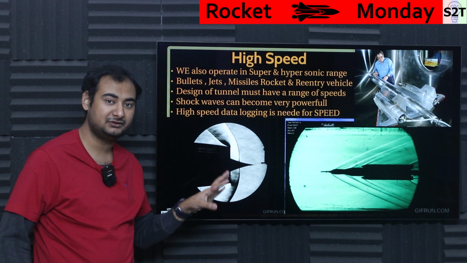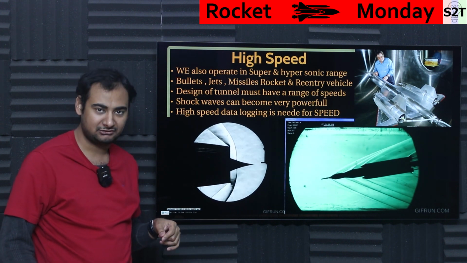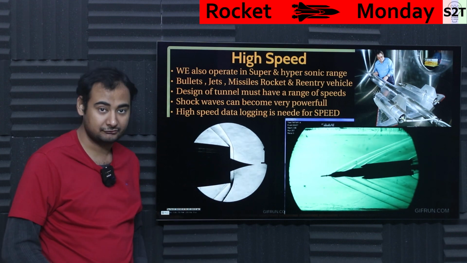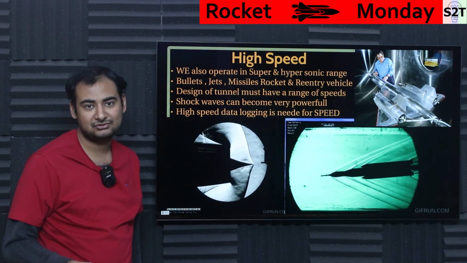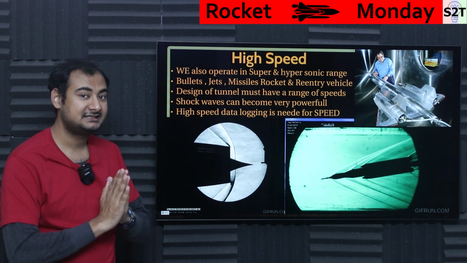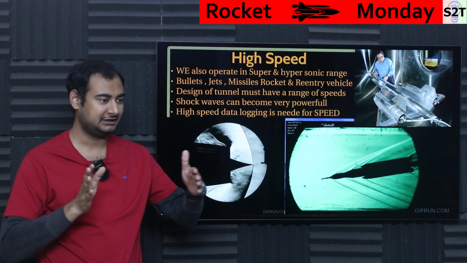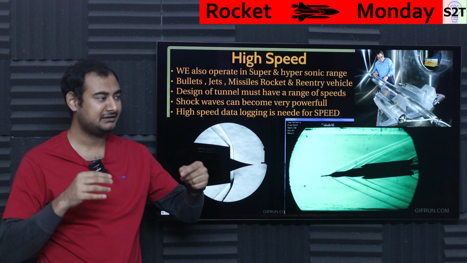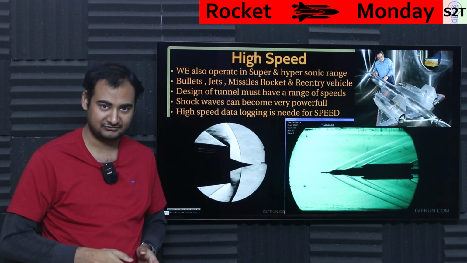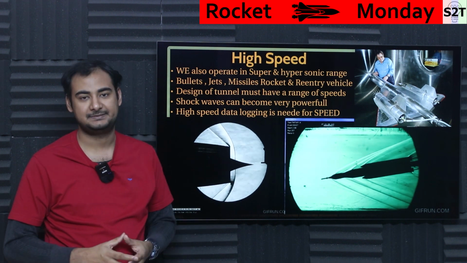And because of the high speed regime, you also need high speed data logging. Even if you have a continuous tunnel, let's say a tunnel that can keep operating for 4 or 5 hours, you have to understand, if something goes bad, it goes bad spectacularly quickly. Meaning inside a second, you could go from completely stable airflow to something bad happening, poof, and it could all happen inside 1/100th of a second. So you need very high speed data logging.